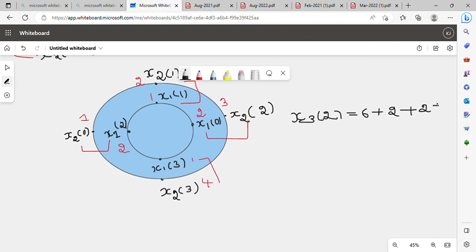So what I get is 6 plus 2 is 8, 8 plus 2 is 10, 10 plus 4 is 14. So I get x3 of 2 is 14.